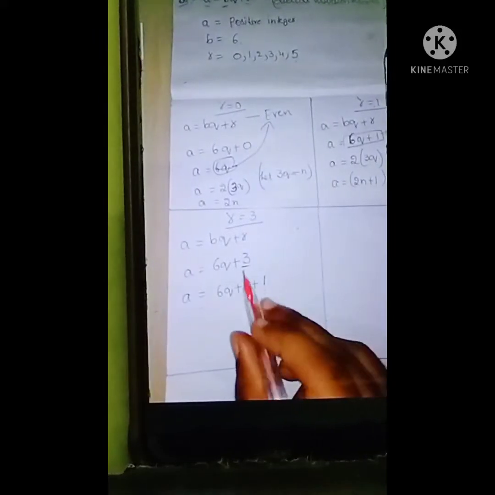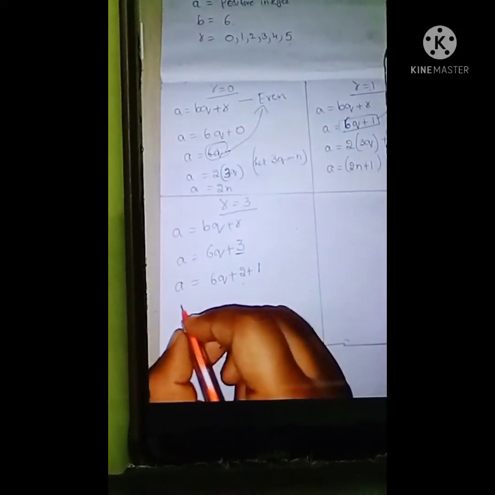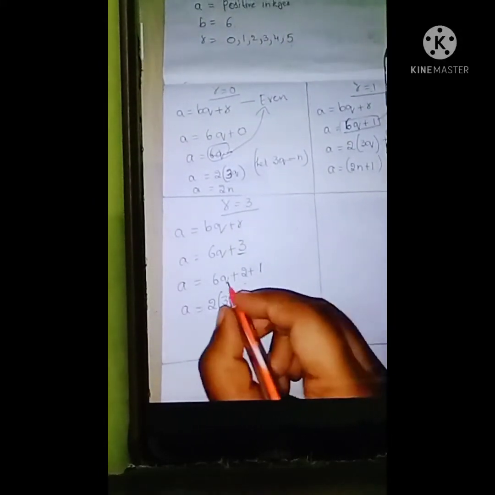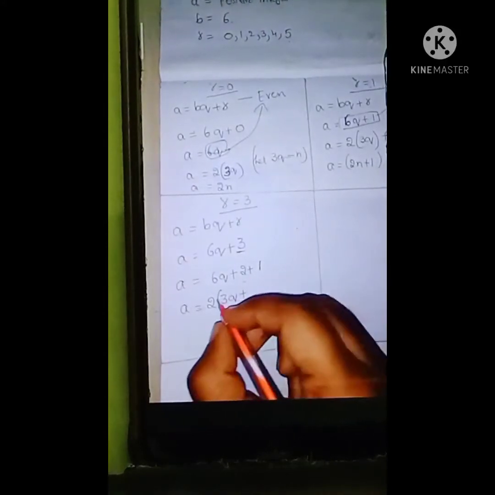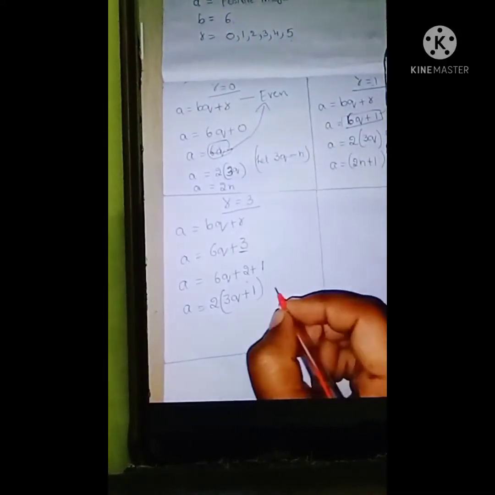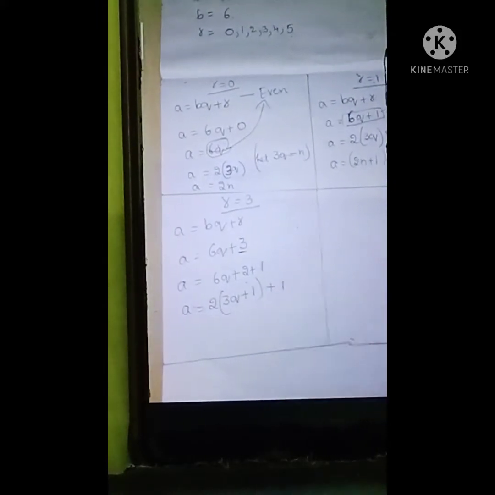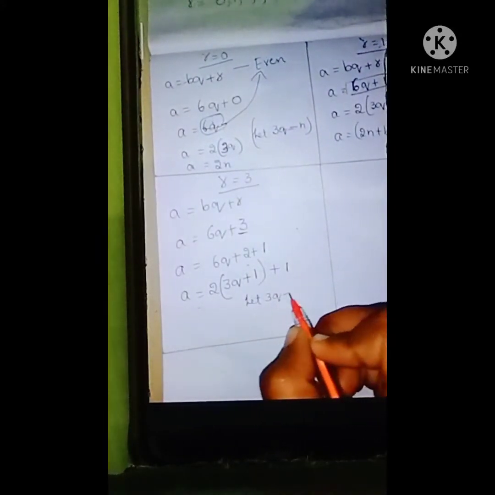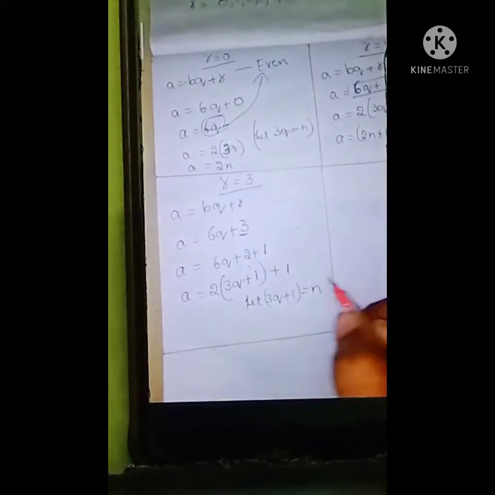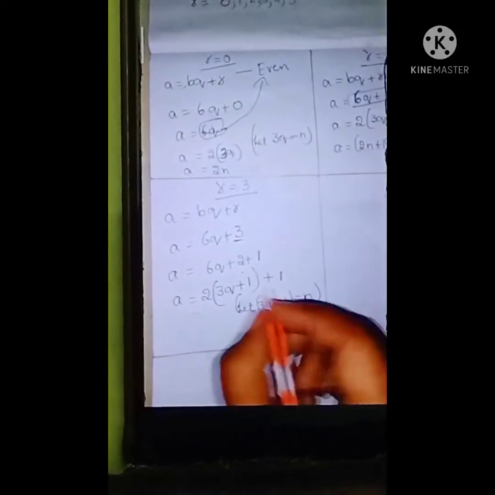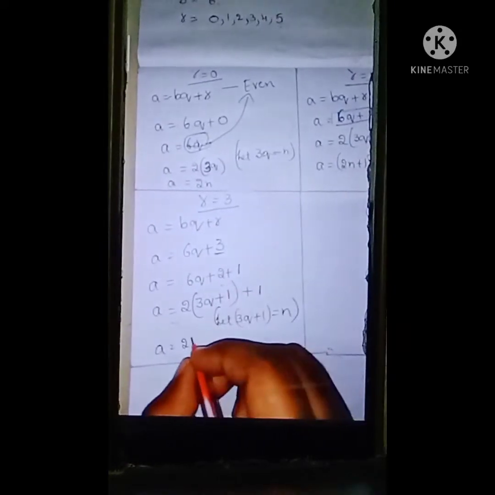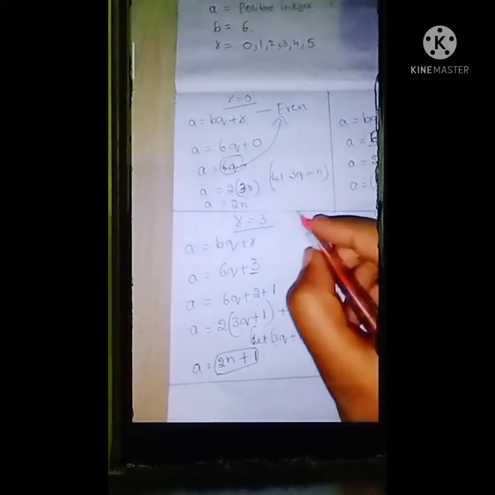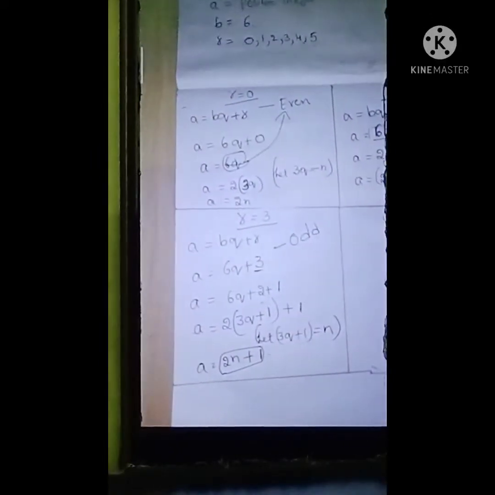Now take 2 as common: 2 into 3Q plus 1, plus 1. Let 3Q plus 1 be n. So it is in the form of 2n plus 1. So the number is odd.